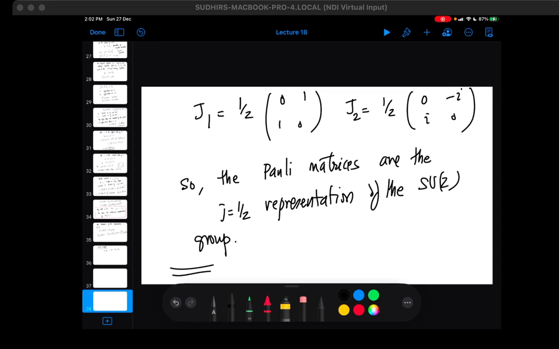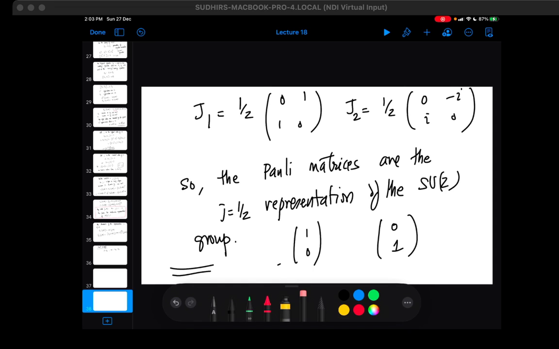The vector space would be 1 0 and 0 1. You have to normalize them essentially, so when you normalize them, 1 by square root 2 will come.